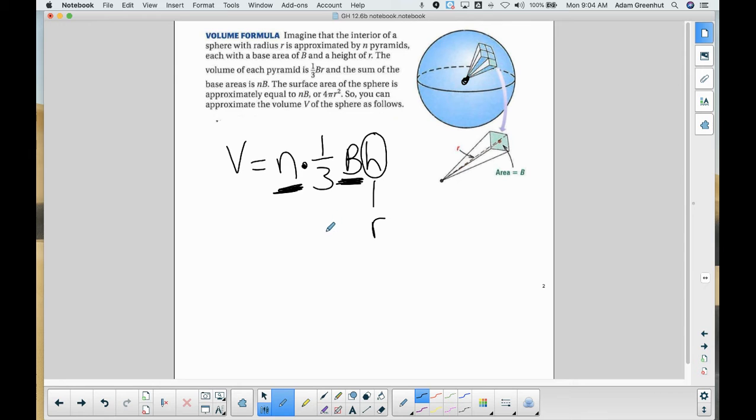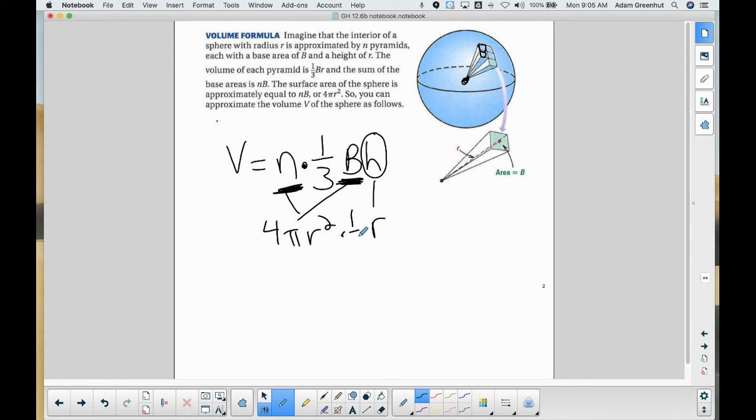If you said the surface area of the sphere, you'd be correct, because the area of each little base is each little square here. And if there are n pyramids, the surface area becomes the number of bases times the area of the base. So the surface area of a sphere, hopefully you remember, is 4 pi r squared.